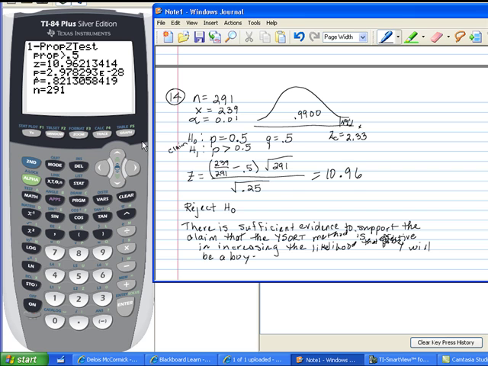You might as well say that's pretty close to 0. So certainly that is less than alpha. So the p-value method would also give us reject the null hypothesis, which would lead us to the conclusion there's sufficient evidence to support the claim that the Y-sort method is effective in increasing the likelihood that the baby will be a boy.